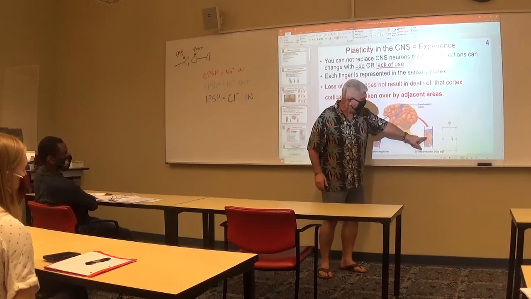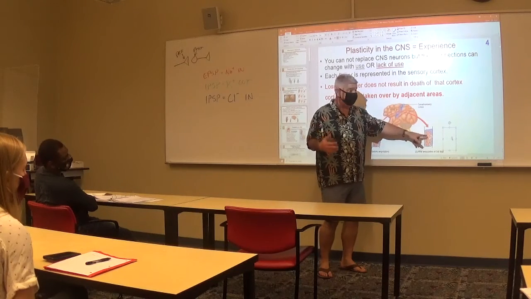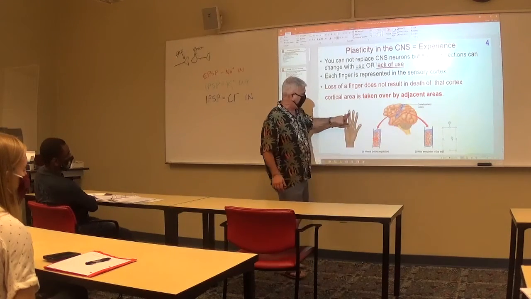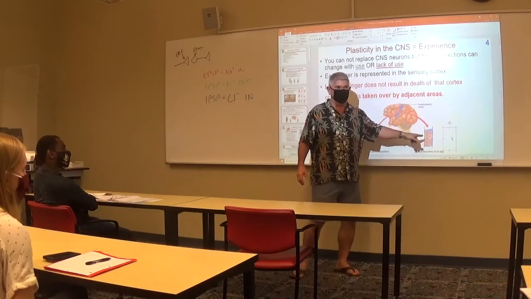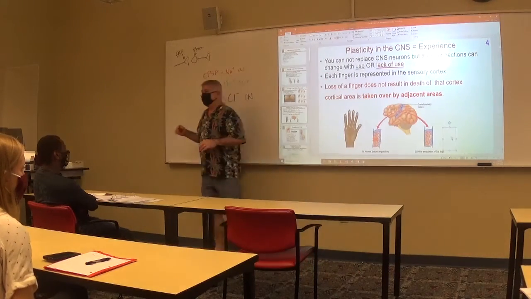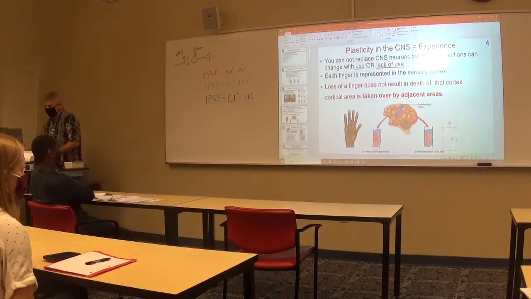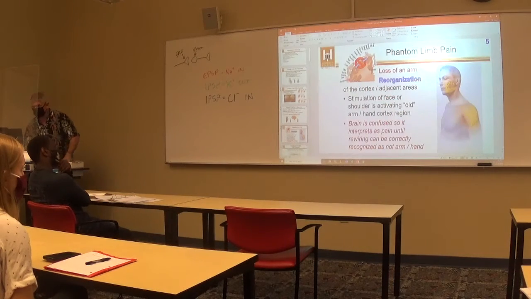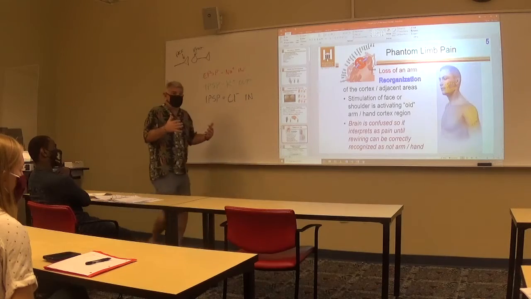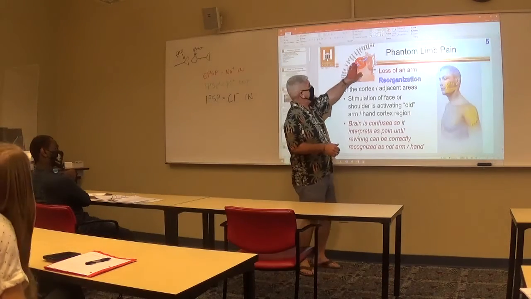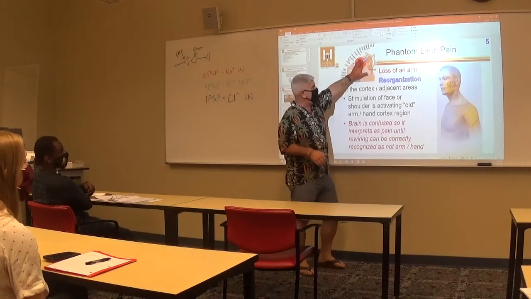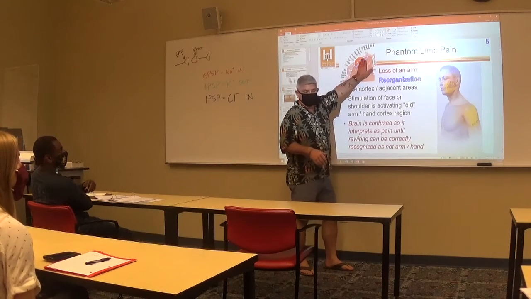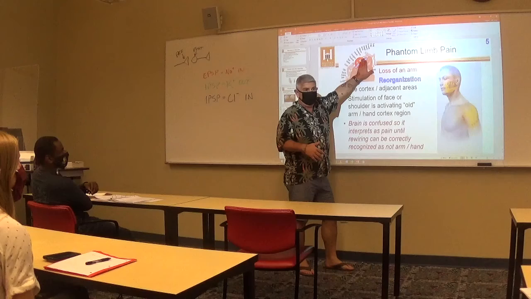And now that cortex is going to respond to stimulation by the fourth and second finger when it used to respond to the third. Okay? So if you remove a whole limb, there's a much bigger area of cortex that gets taken over. And so the areas like the face come in because they're adjacent on one side, and the shoulder or trunk of the body come in on the other side.